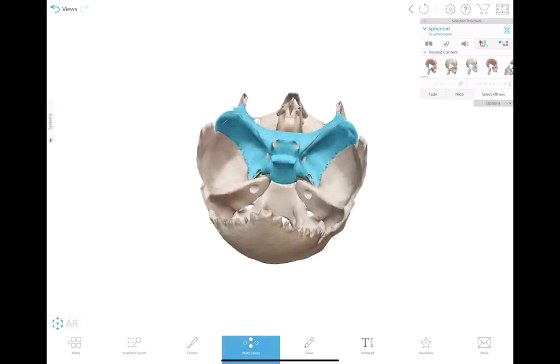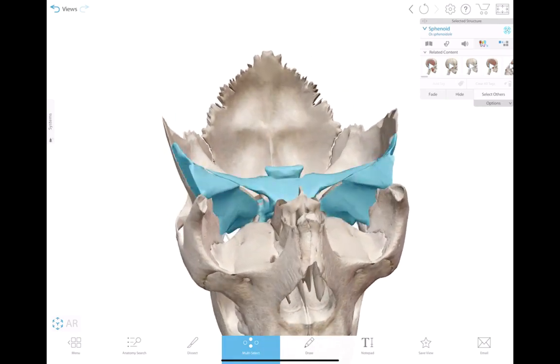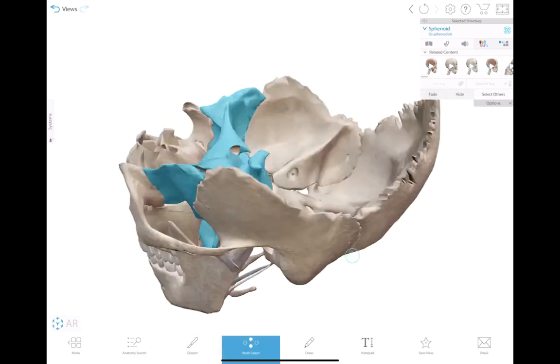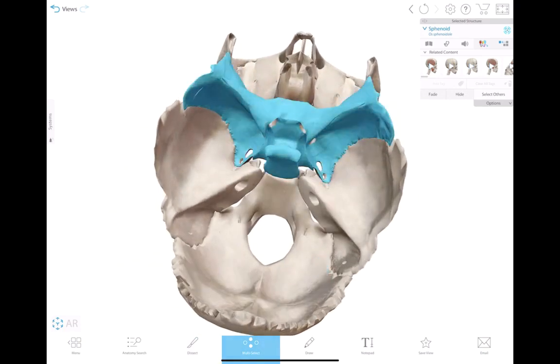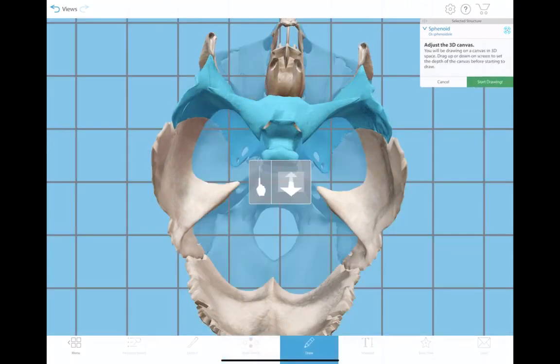To me, it kind of looks like a bat. If you look at it from the front, it's got these wings coming off the left and right, and then you can see the middle. I'm going to try to draw on it really quick just to show you.